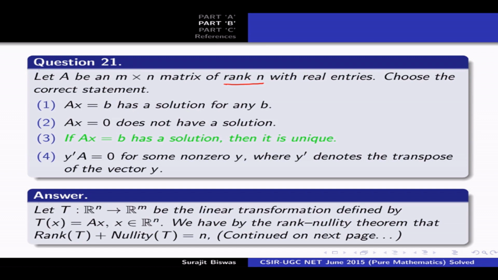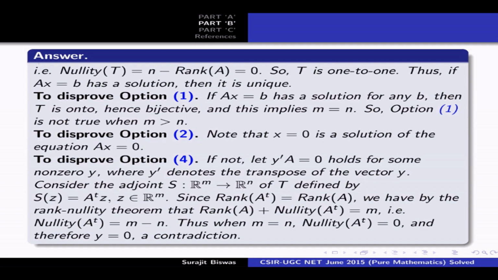Let T from Rn to Rn be the linear transformation defined by Tx equal to Ax. By the rank nullity theorem, rank of T plus nullity of T equal to n, that is nullity of T equal to n minus rank of A. But rank of A is n, it is given, so therefore it is 0. Since nullity of T is 0, T is 1 to 1.